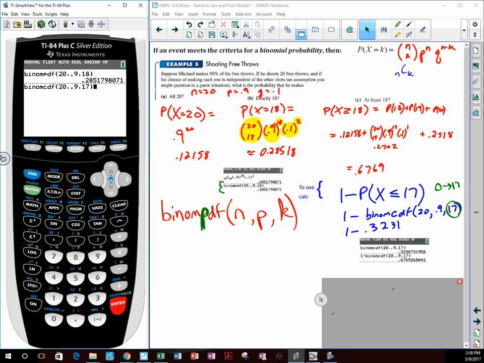So if I hit enter here, you get 0.323, and you could have just typed in 1 minus that right away. But now I'm going to go 1 minus second answer to give me our final answer of 0.677, which is what we got up above.